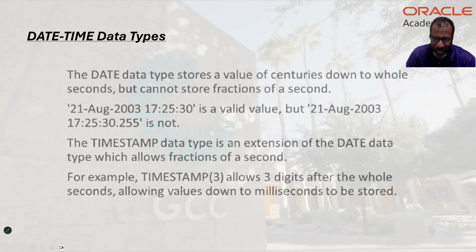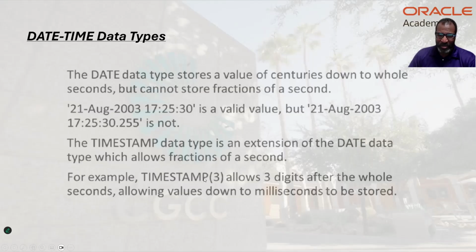For date time, once again, the default date representation in Oracle did change way back 20 years ago. Sometimes I can't believe it's 2025, but it's 2-digit day, 3-letter month, and 2-digit year. And the timestamp data type is an extension of the date.